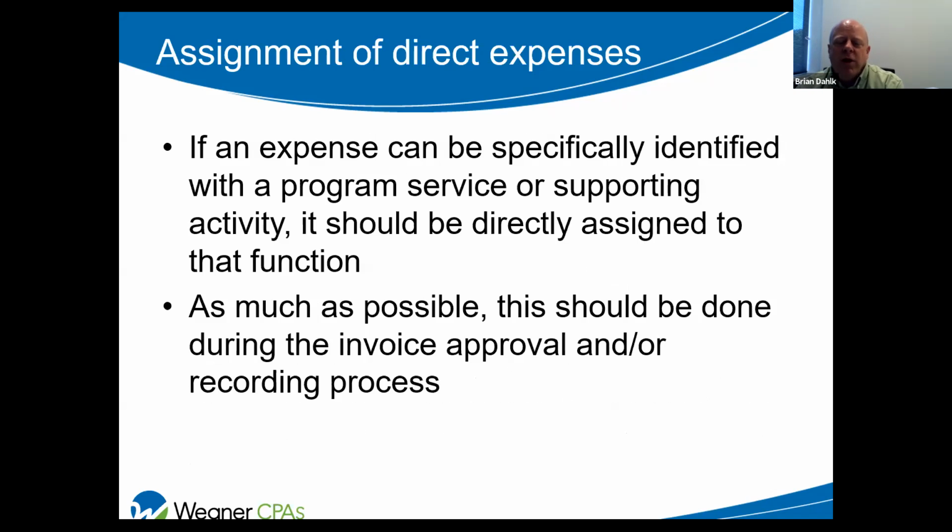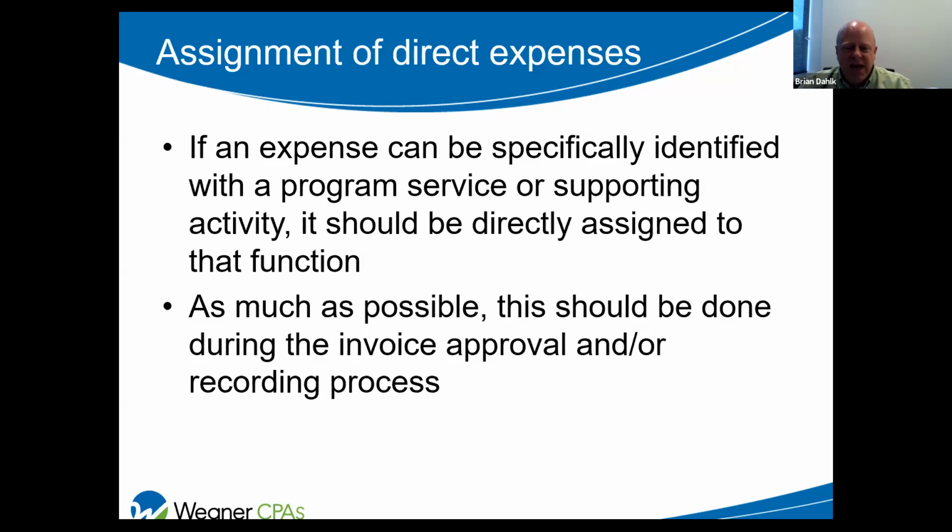One of the things that we recommend as a best practice is when expenses can be specifically identified with a particular program, service, or supporting activity, it's best if it's directly assigned to it, first of all, and as much as possible, it's best if it's done early upstream in the accounting process, right when that invoice is reviewed and approved, and the invoice is recorded into the nonprofit's accounting system.